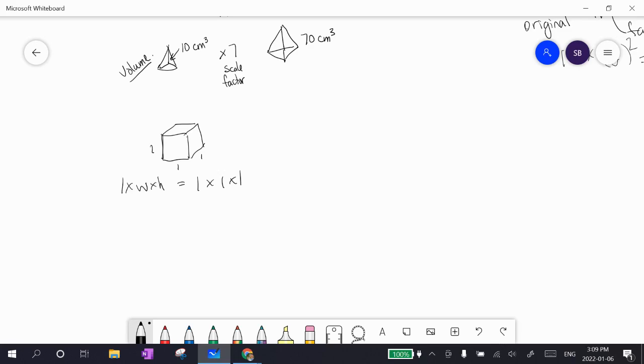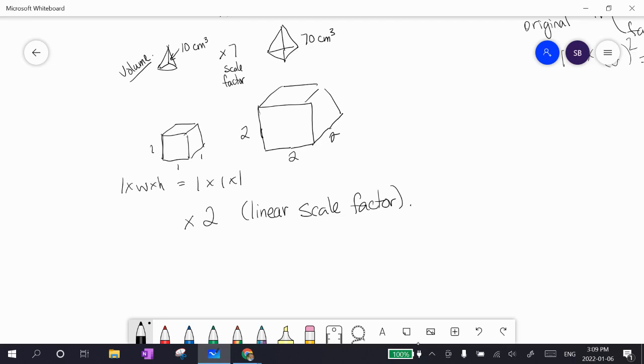If I am then multiplying that by a linear scale factor of 2, let's say, then my 1 becomes 2 for the height of this. For the length of this, my 1 becomes 2. And the width of this becomes 2 as well. That's kind of a wonky one, isn't it?